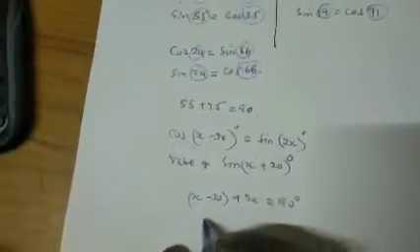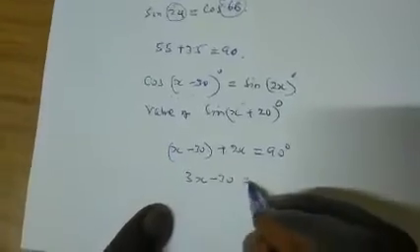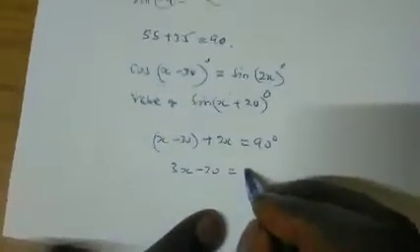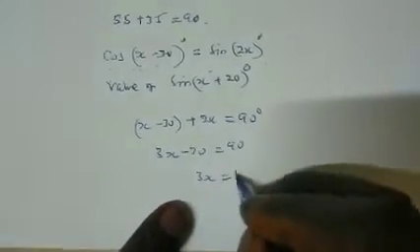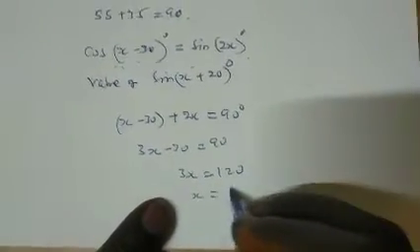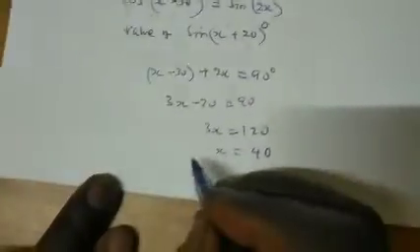And therefore, 3x minus 30 is equal to 90, and 3x is equal to 120, and x is equal to 40.